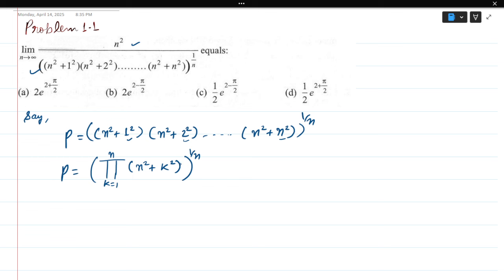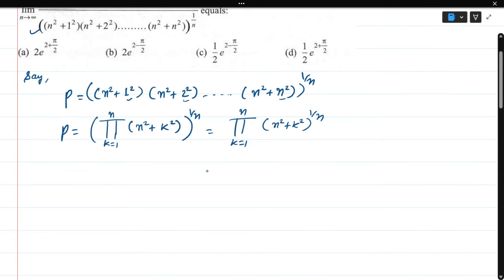Now 1 by n can be distributed over this. If we plug in the 1 by n over the internal part n square plus k square, we get pi from k equal to 1 to n of n square plus k square whole to the power 1 by n.